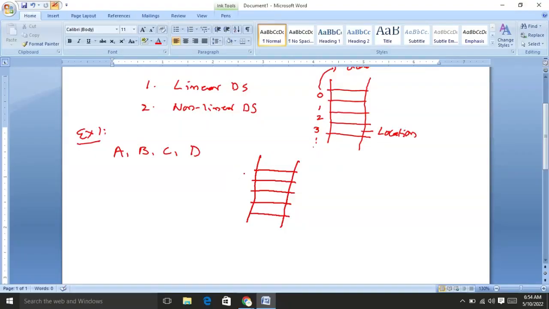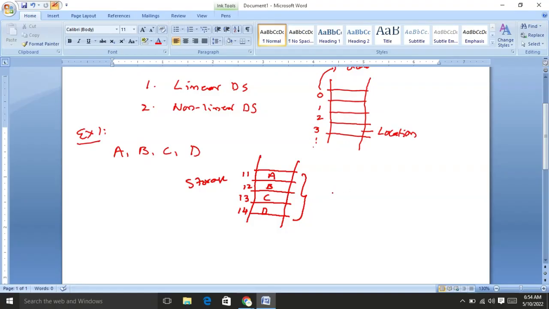That means A is stored in the 11th location, B in the 12th location, C in the 13th location, and in the 14th location D is stored. That means the data is stored in a sequential fashion on the storage. This is known as a linear data structure, right?